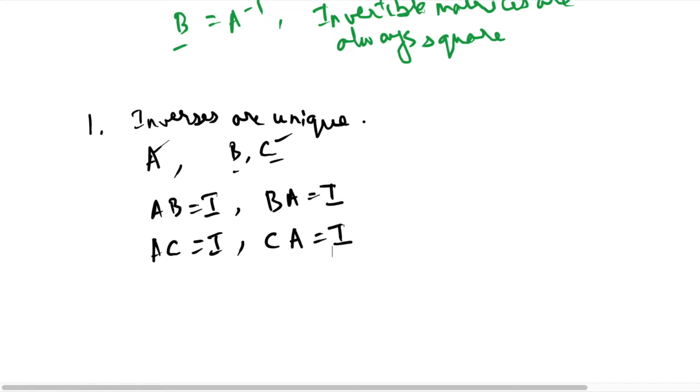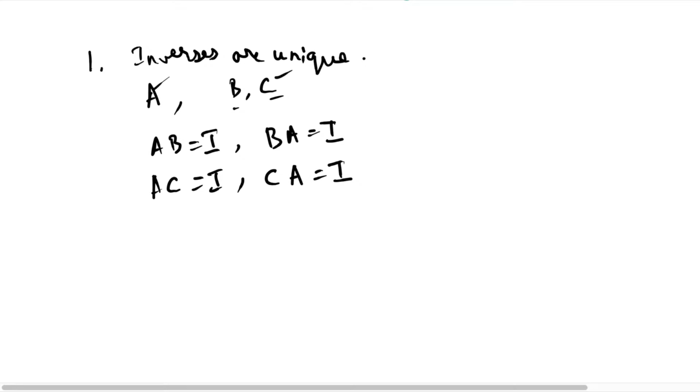Now let's consider the product BAC, which can be written as B times A into C. Remember that matrix products are associative, so we can do this.